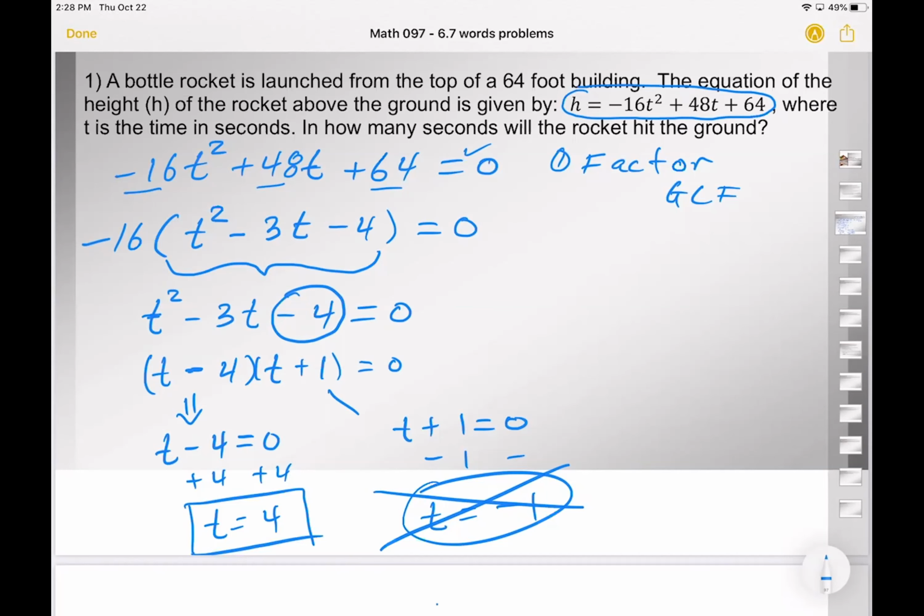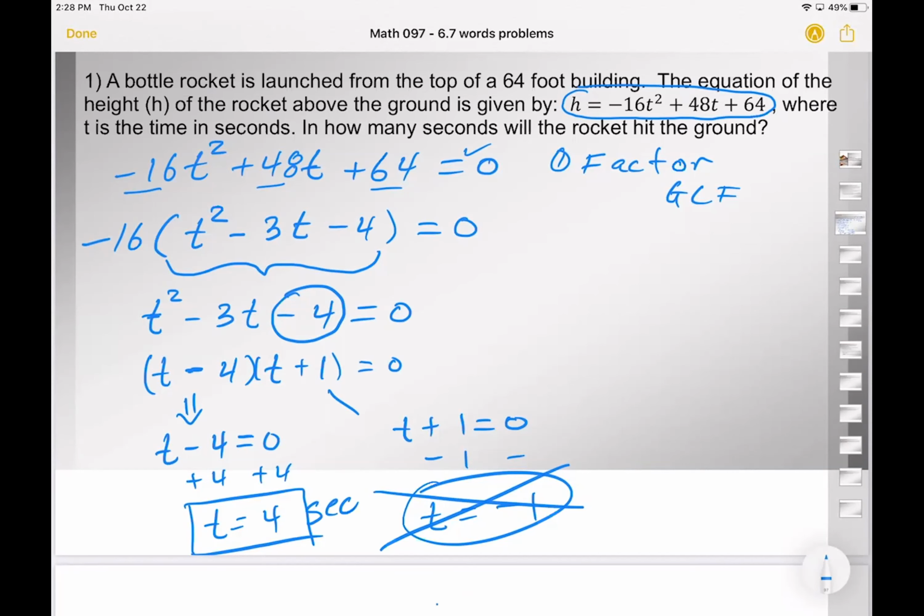In our class, we cannot use a negative number to illustrate time. We cannot use a negative number to illustrate a distance or a measurement. For us, our problem will always be a positive unit. So in this case, the answer is 4 seconds.